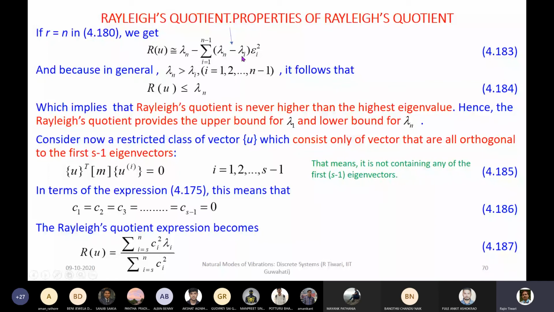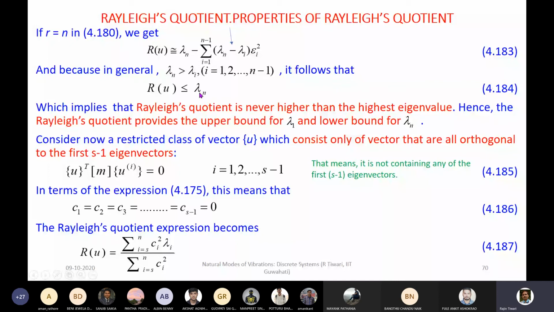So that means if we take r is equal to n, Rayleigh's quotient will be always less than the highest natural frequency of the system. So you can see that Rayleigh's quotient will never be more than the highest natural frequency, and it will never be less than the lowest natural frequency.